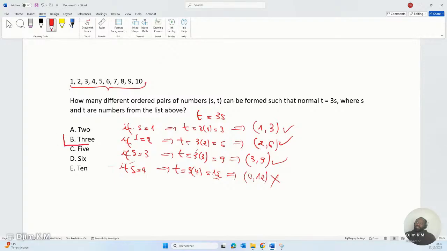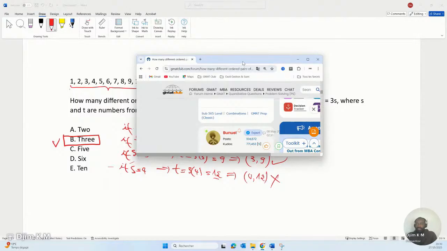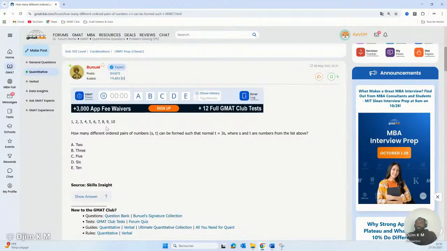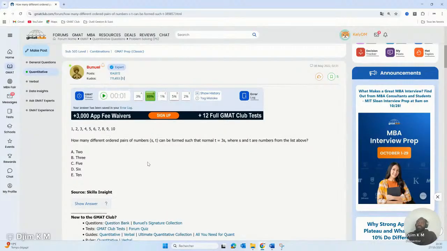So I think the answer is B, because it says how many different ordered pairs of numbers S, T can be formed such that T equals 3S, where S and T are numbers from the list above. Okay, so answer B. I think I've not made a mistake here, but let's just check this. Yes, so answer B is the answer.